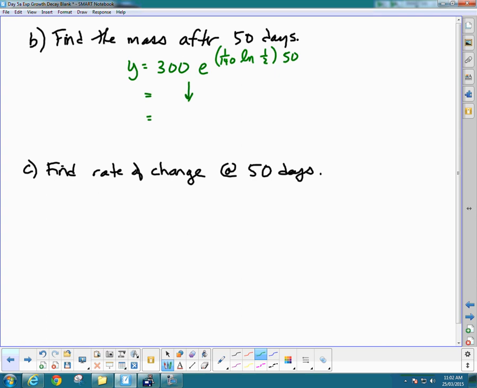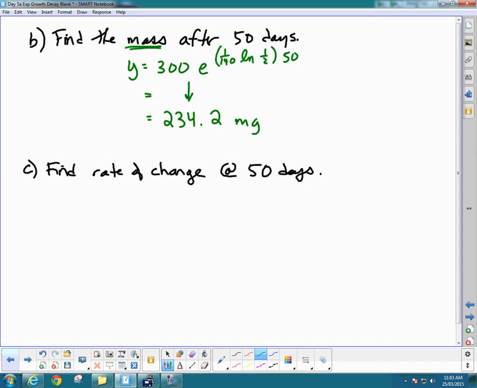Take the ln of 0.5, divide by 140, multiply by 50, do e to that answer, multiply by 300, and hopefully you got 234.2 milligrams. This tells me the exact mass after 50 days. So there's how much we have left.